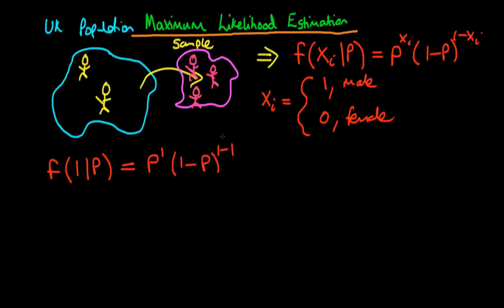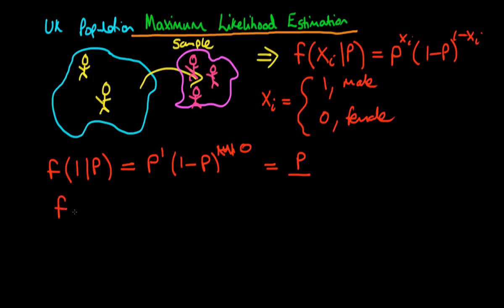Well, xi is just 1, so that's 0 here, and anything to the power 0 is just 1, so we're just left with p. So our function f tells us, if that individual was male, the probability that we would have got that observation, and that's just given by p, the probability that an individual is male.